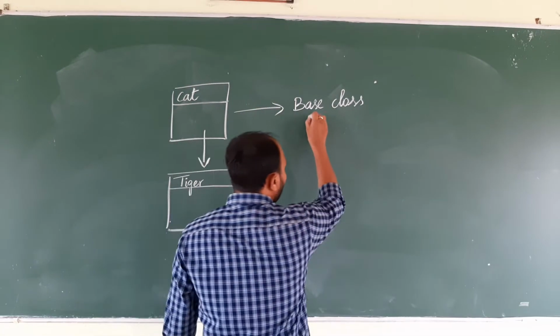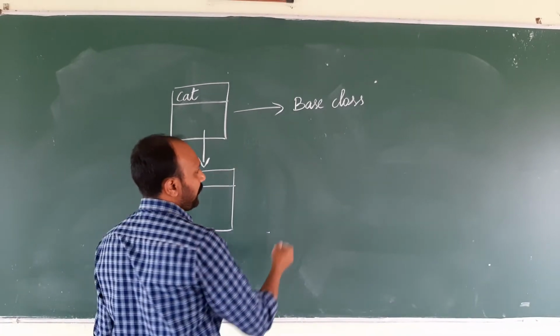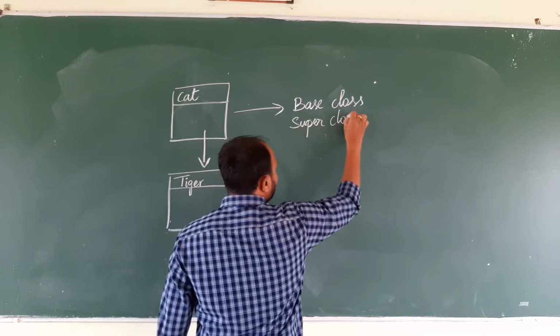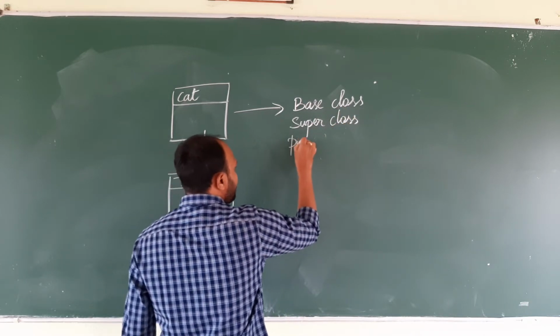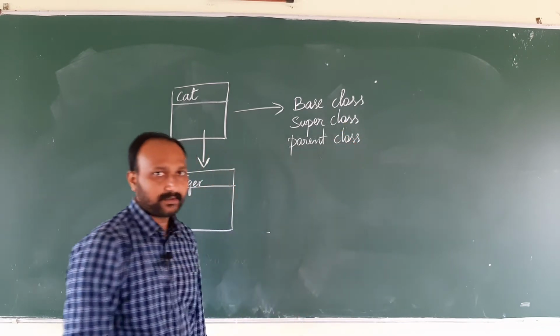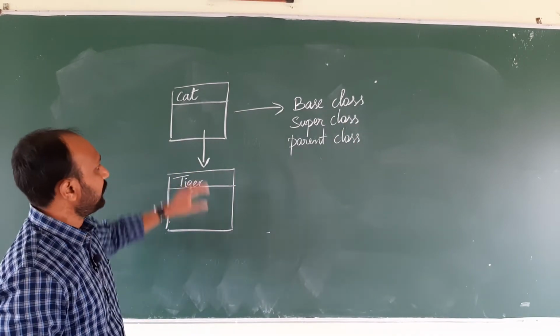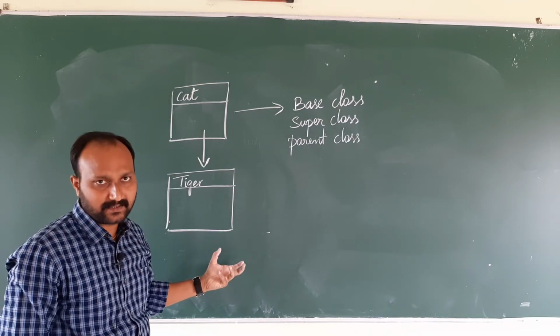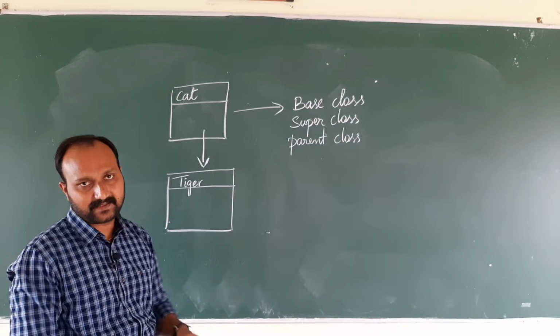In some textbooks, base class is also referred to by the name superclass, or also referred to as parent class. Okay. So, what is base class? The class whose properties are derived by other classes is referred to as base class.